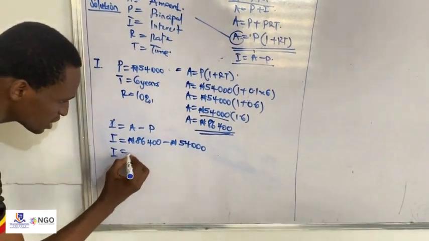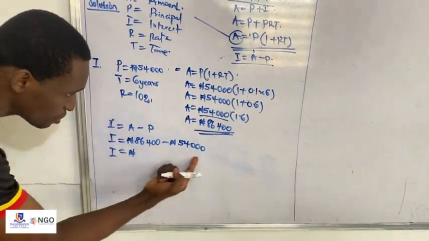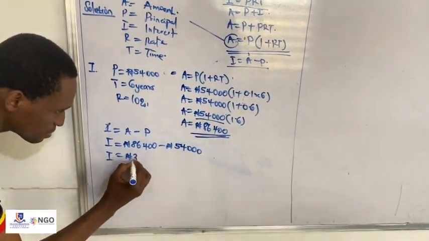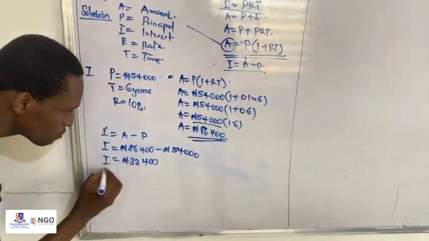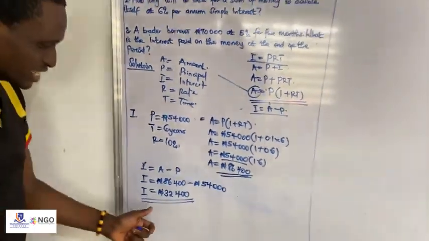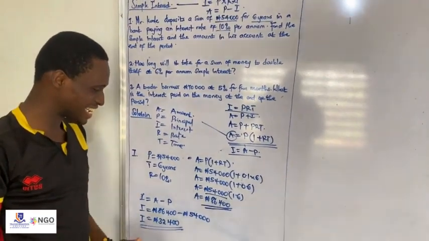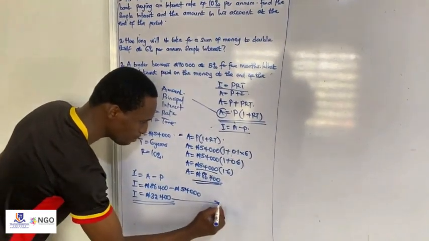So interest is 86,400 minus 54,000, which is 32,400 naira.